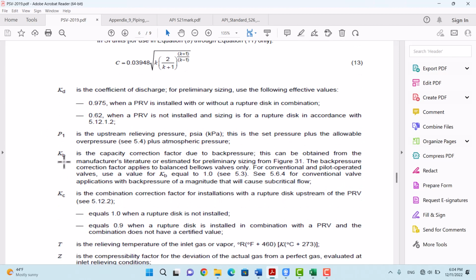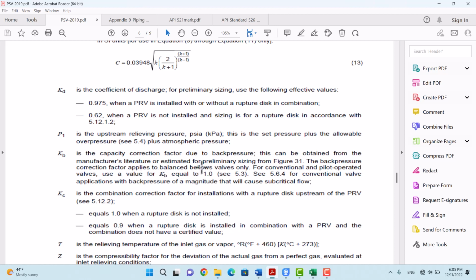Then we have Kb. Kb is the capacity correction factor due to back pressure. This can be obtained from the manufacturer literature or estimated for preliminary sizing from figure 31. But here it says for conventional and pilot operated valves, use a value for Kb equal to 1.